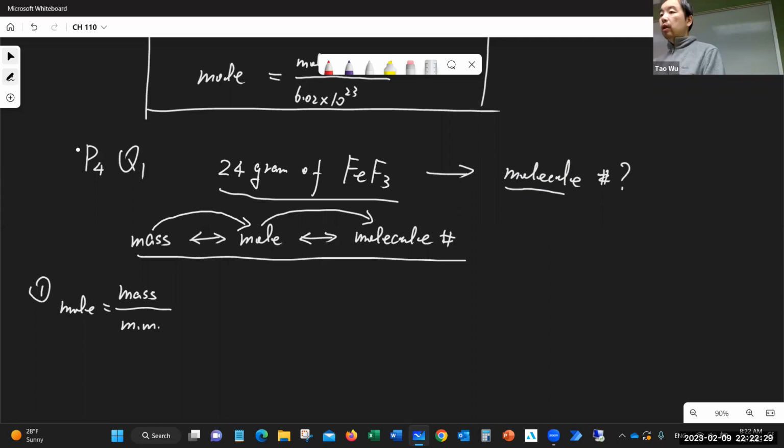Then you see this formula has 1 iron atom and 3 fluorine atoms. So that's going to be iron, 55.845, plus 3 times fluorine, 18.99984.